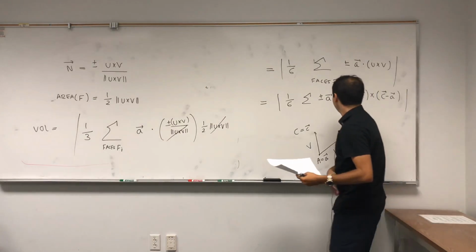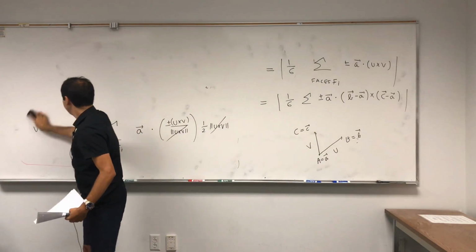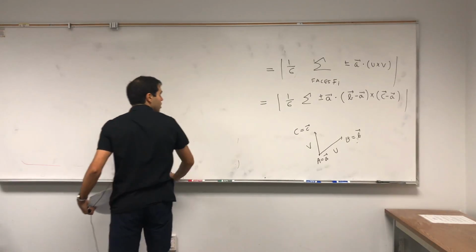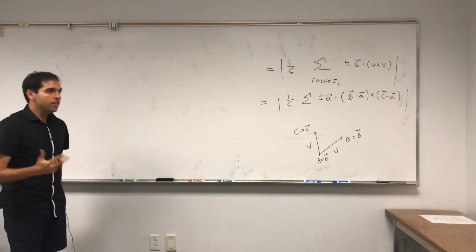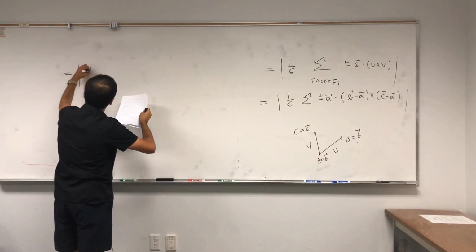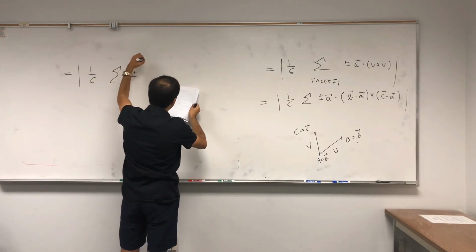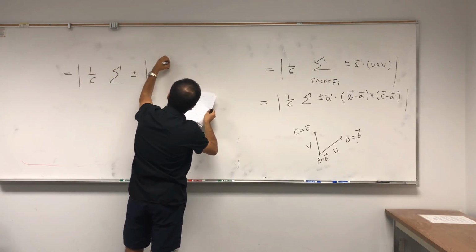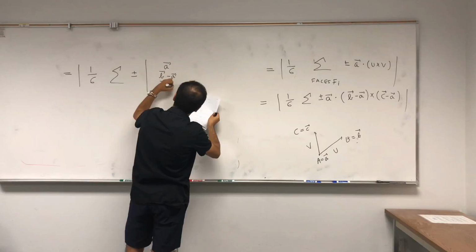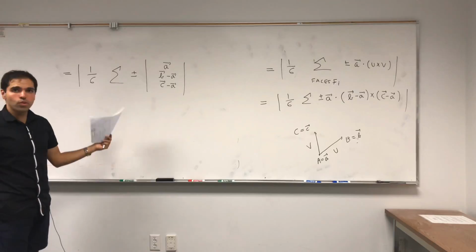It'll simplify a little bit, because the cross product is a determinant, but with i, j, k in the first row. And it turns out if you dot it, you just get the whole determinant. So what you get is absolute value of 1/6 over the sum of the faces, plus or minus the determinant of the matrix whose rows are A, B minus A, and C minus A. And here's a cool thing.